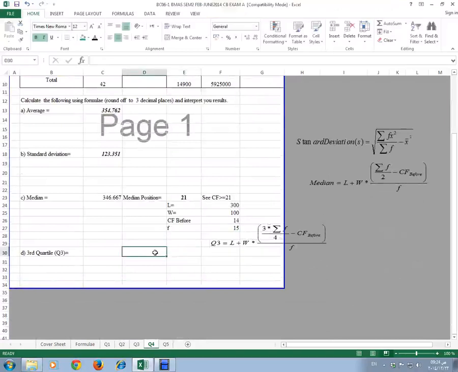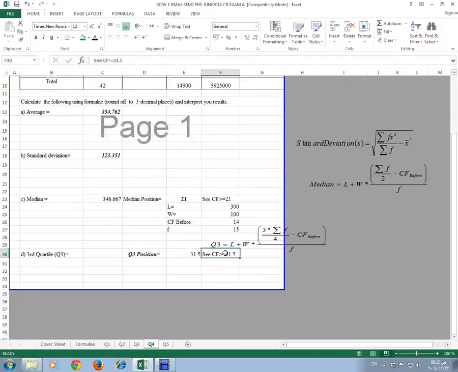So we can write Q3 position. Q3 position is always this one, so it is equal to 3 multiplied by sigma f, which is 42, divided by 4, press enter. Then after that, CF greater than or equal to 31.5.